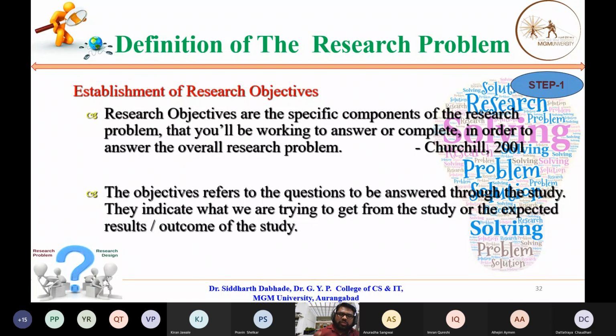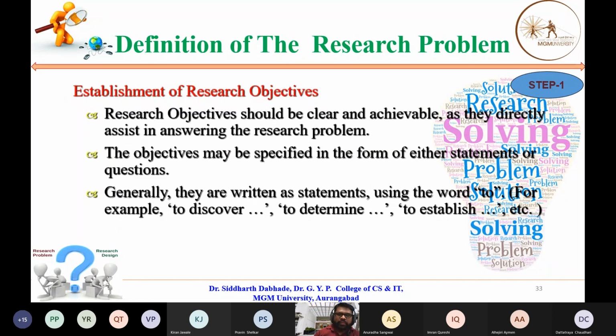You need to set the objective in such a way that after the successful completion of your research work, that is going to happen. That kind of objective you need to set. You need to set the expected result and expected outcome of your research work.